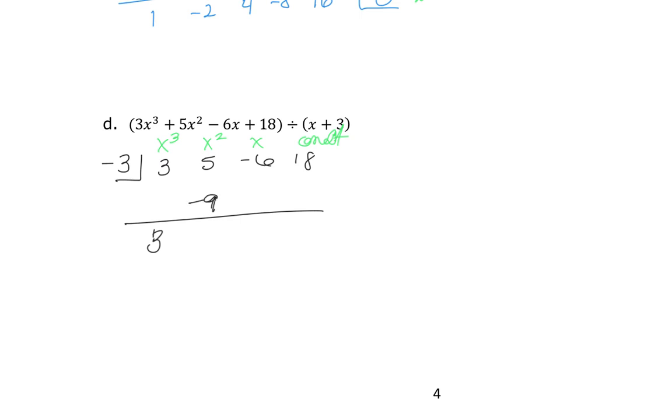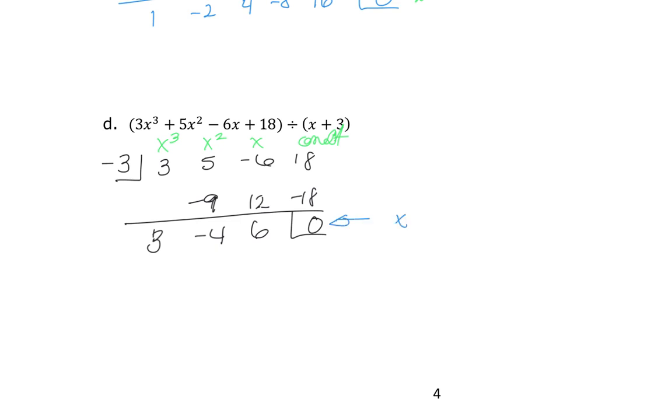Add those together and I get negative 4. Negative 3 multiplied by negative 4 is a positive 12. So negative 6 plus 12 is a positive 6. Negative 3 multiplied by 6 is a negative 18. That gives me 0. Remainder of 0.